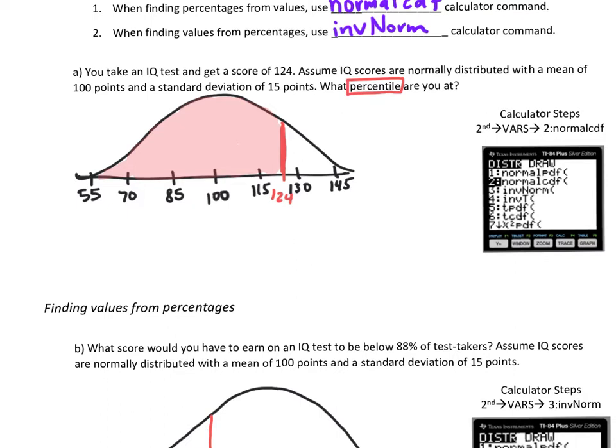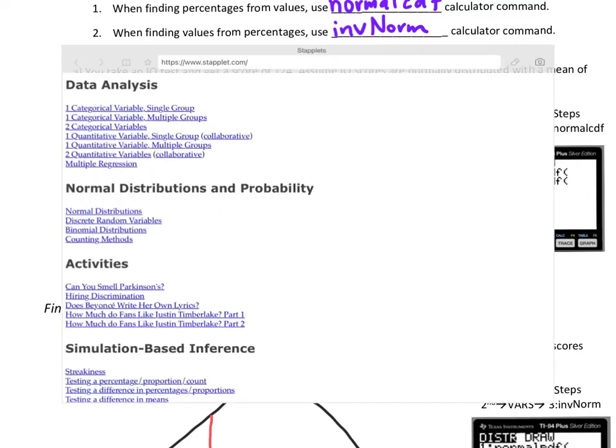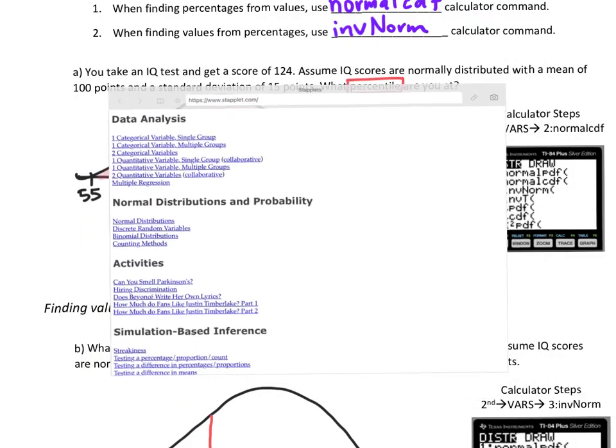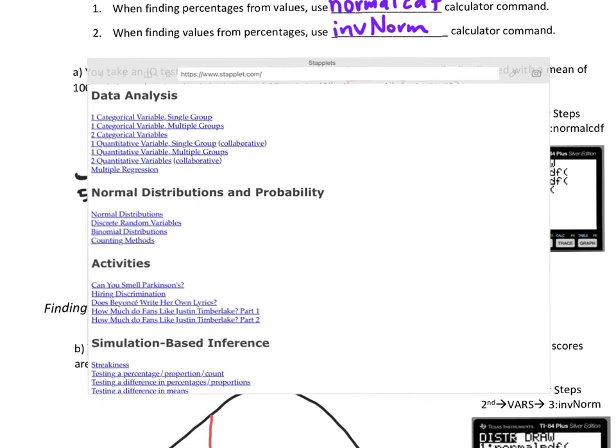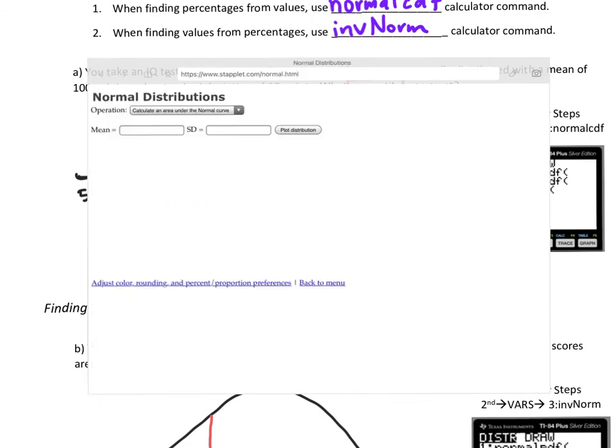Using the website, let me pull up a browser. Here we have the Statplet website, and we're going to click on normal distributions. The mean is 100, standard deviation is 15.